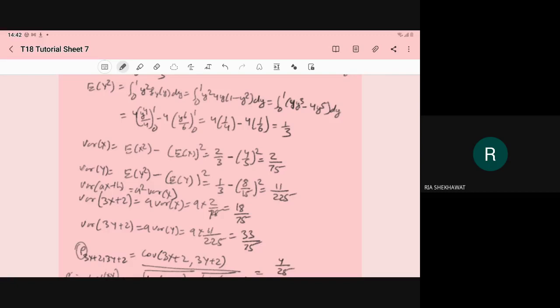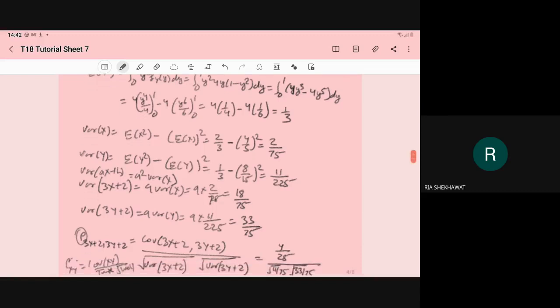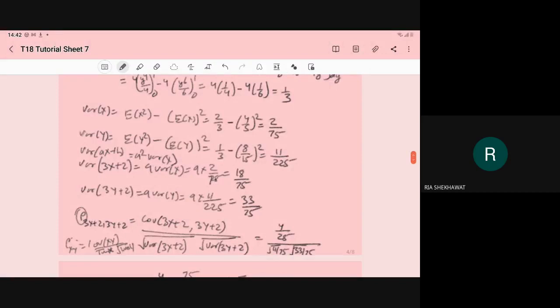So here it will become 9 into the variance of x, that is 9 into 2 upon 75, or 18 upon 75. Similarly, the variance of 3y plus 2 is 9 into the variance of y. So it will become 9 into 11 upon 225, that is 33 upon 75.